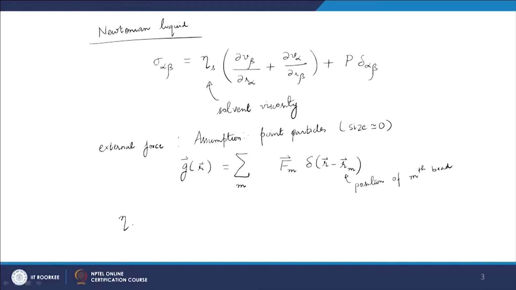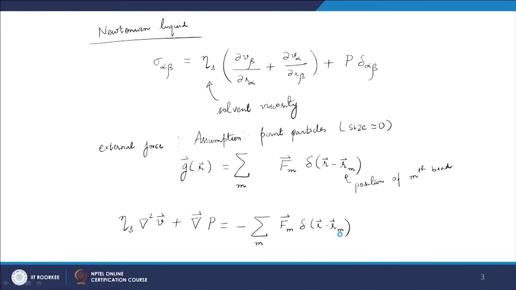So, if I now use this expression, what I then get is the equation of motion as the following. So, we can solve this particular equation by the technique of Fourier transform. I will not really go into the detailed derivation, but I will put the final results here.